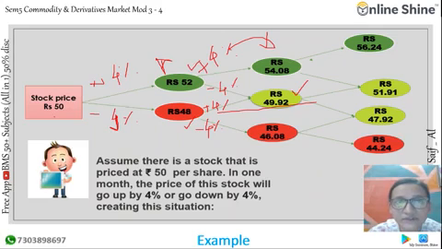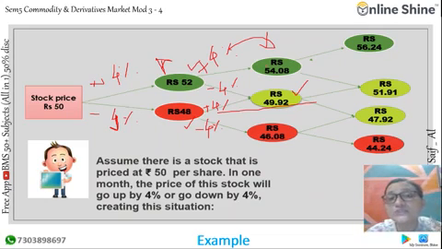Again, I repeat: 50 plus 4%, 52. 50 minus 4%, 48. These are the two possibilities, one upward and second one downward. Now from the stock of 52, in the next period there are only two possibilities, upward and downward. So upward is 54.08 and the downward is 49.92.